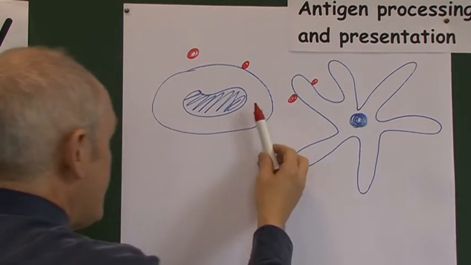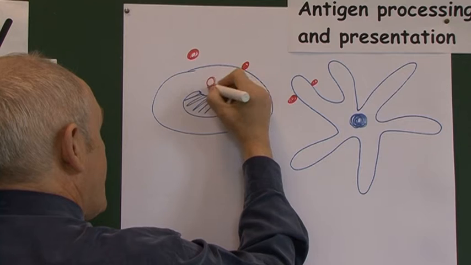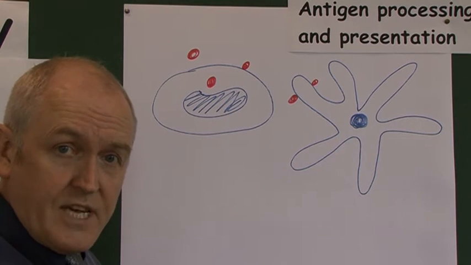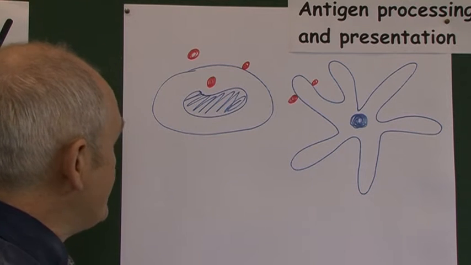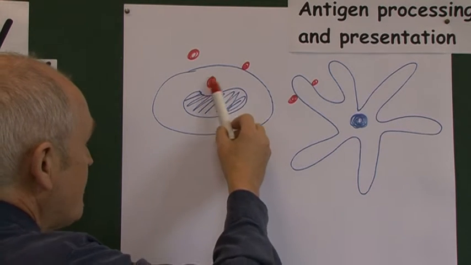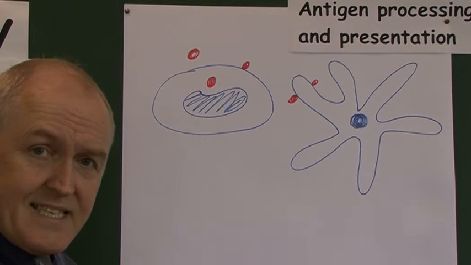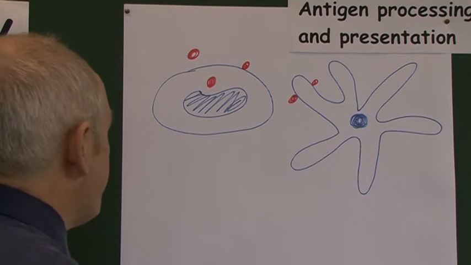Now, in the case of the macrophages, as you know, the antigen is actually ingested and digested in the process of phagocytosis. But what actually happens as well is some of this antigen is processed and broken down, and it's presented on the surface of the macrophage.